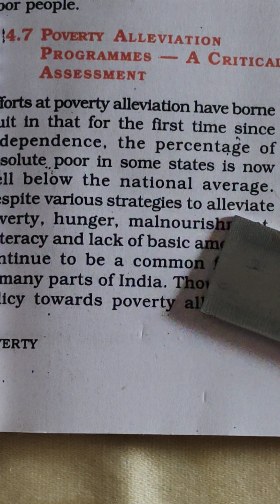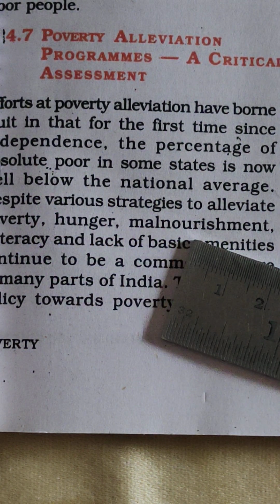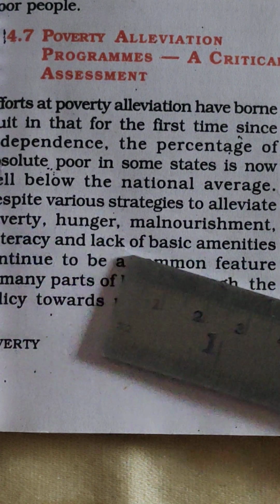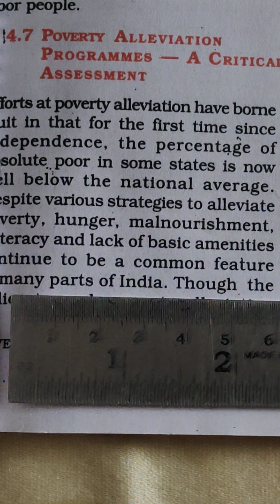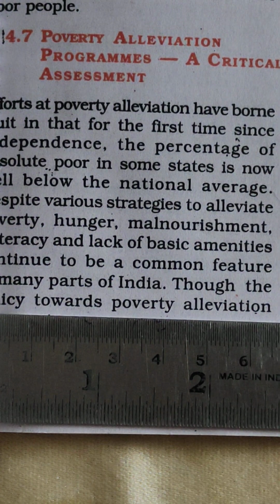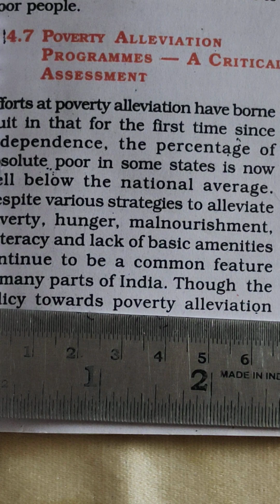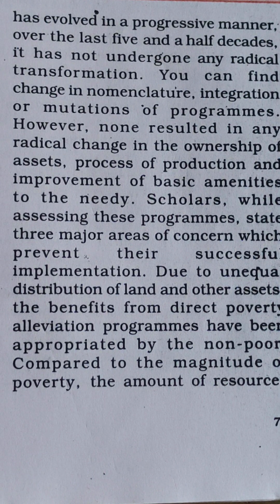Despite various strategies to alleviate poverty, hunger, malnutrition, illiteracy and lack of basic amenities continue to be a common feature in many parts of India. Though the policy towards poverty alleviation has evolved in a progressive manner over the last 5.5 decades, it has not undergone any radical transformation.